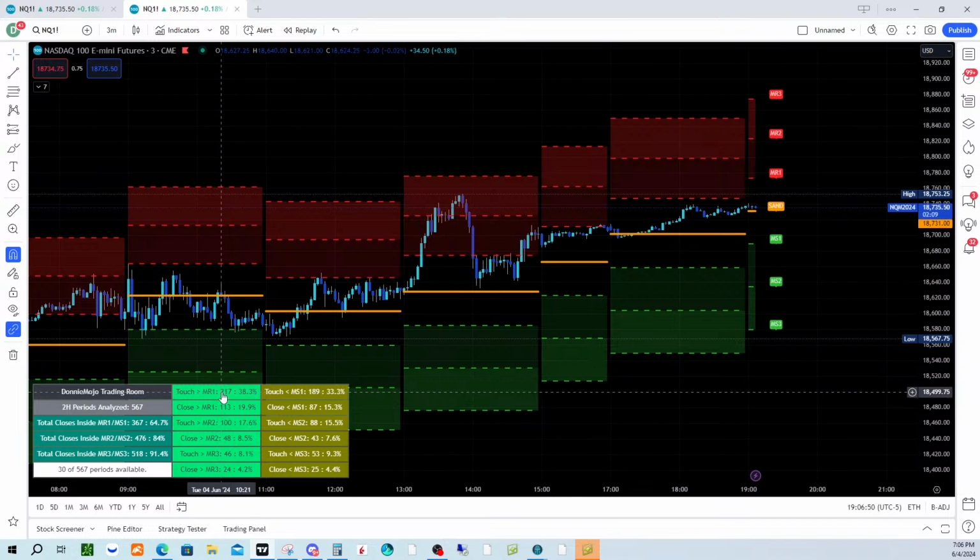So what that means is if we have a touch and that ends up going past the MR1, then it calculates that statistic. It's calculating against, in this case, 2-hour periods. So it's analyzing 567 2-hour periods, which is basically 1,134 hours.